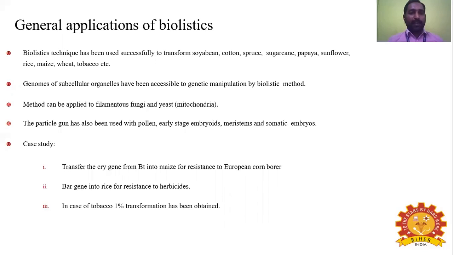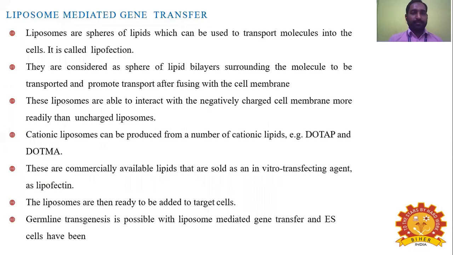And the genome of subcellular organelles can also be easily manipulated by this method. The method can be applied to filamentous fungi and also yeast, and especially the mitochondrial genome can be easily altered through this method. This particle gun method has also been used in pollen and the early stages of embryoids, meristems and somatic embryos. So these are a few case studies that have been done on different plants.